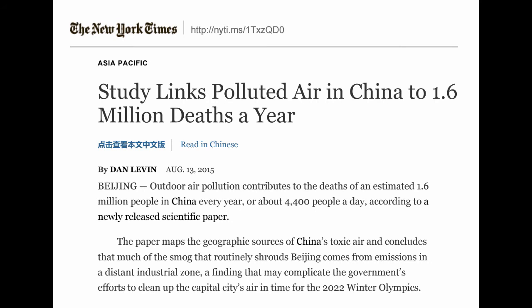Emphysema. Emphysema, okay. But that could be, and China has one of the highest rates of smoking too. Asthma? Asthma, but that can also be connected back to smoking too. Cancer. Types of cancer, which again, sometimes can be connected back to smoking.